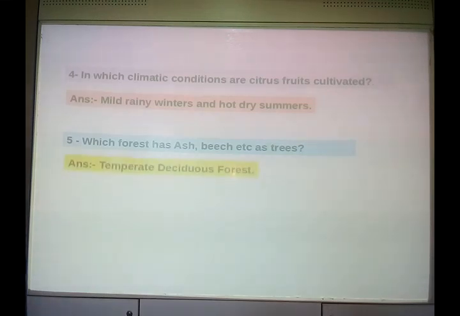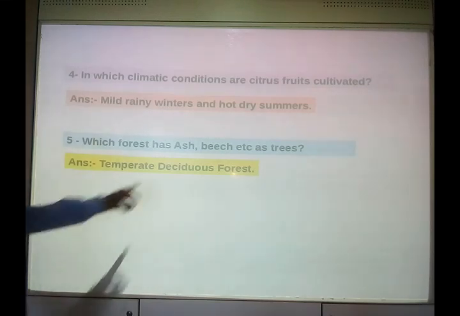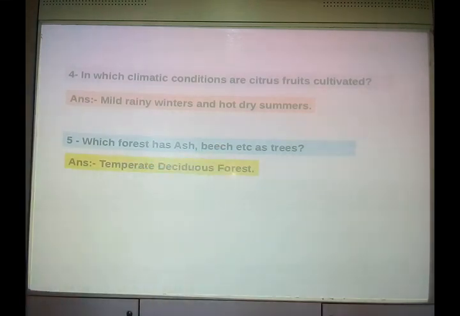Okay, so your answer will be temperate deciduous forest. It is a temperate deciduous forest from where we get the trees like ash, beech and others.